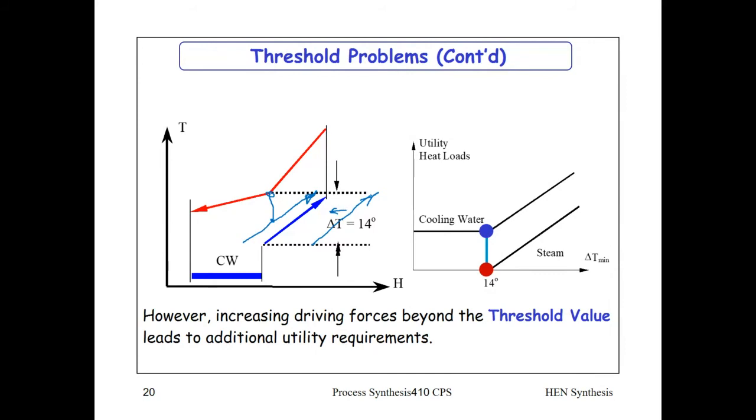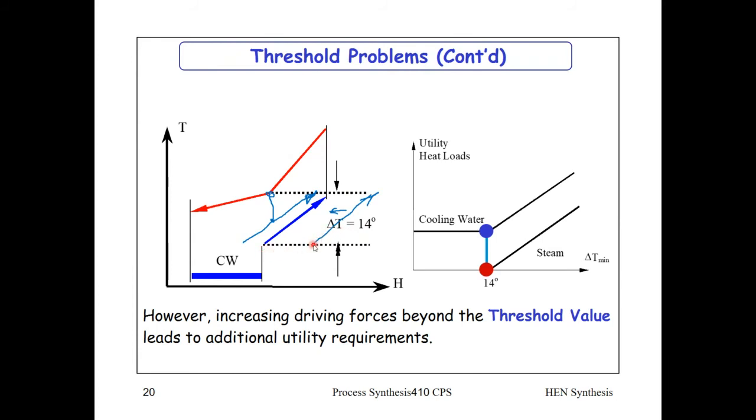Because if you put your cold stream where I've drawn it, let me get back to the pointer, you're going to have this much steam from there through to there. That's now you're going to need steam.